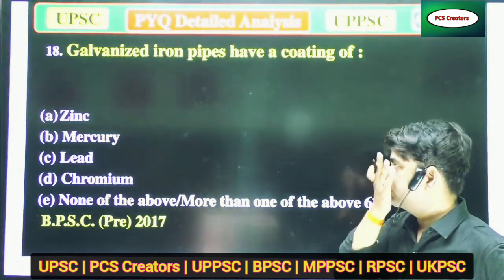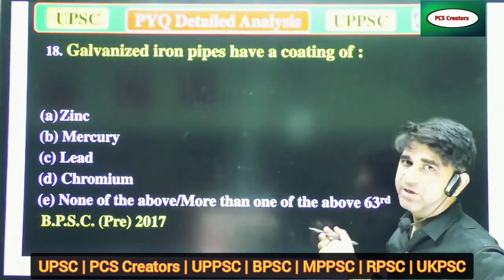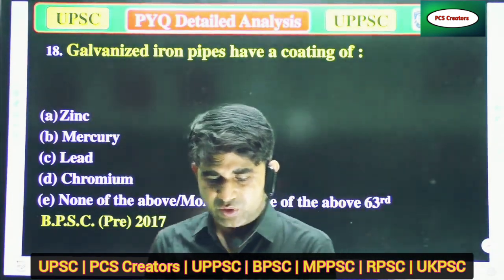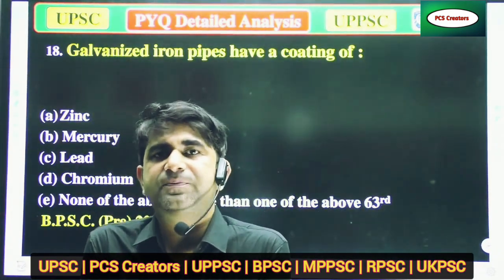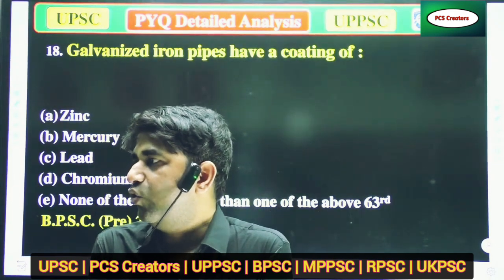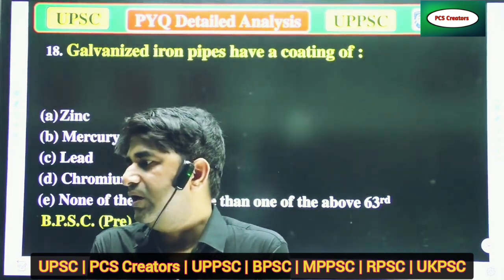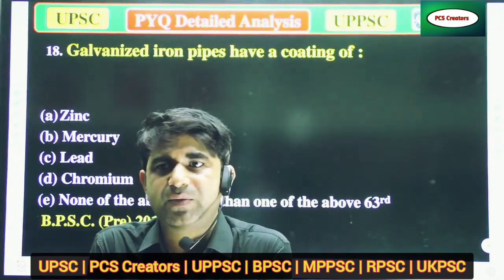Okay, so galvanized iron pipes have a coating, because when it was asked what do you mean by galvanized pipe, galvanization is mainly coating of zinc element.